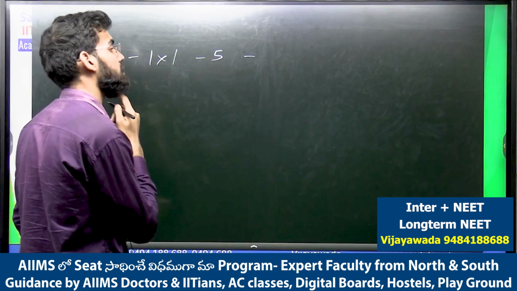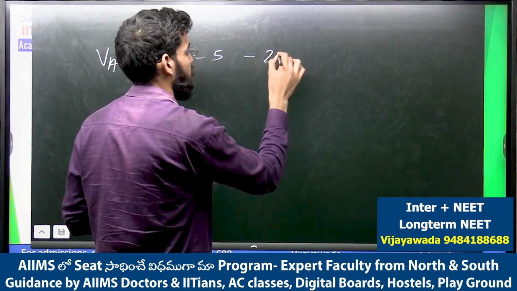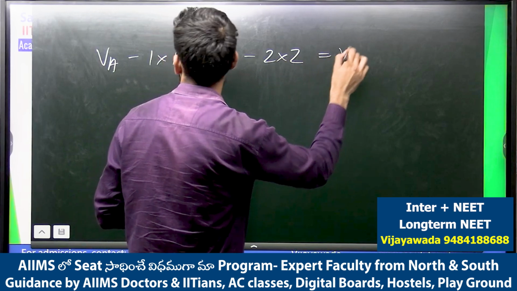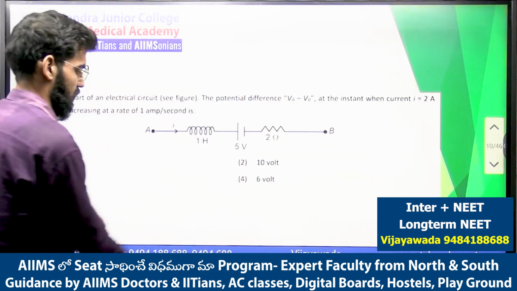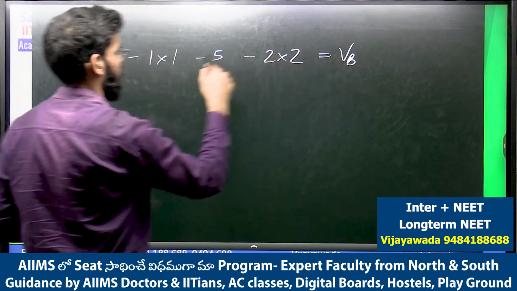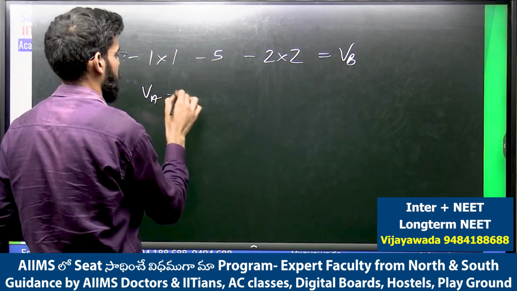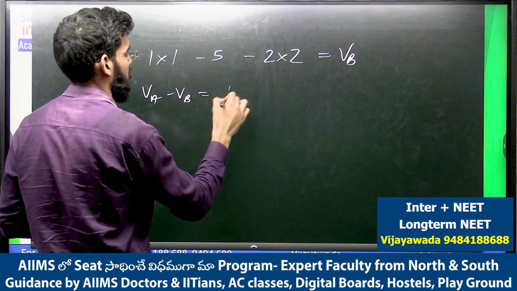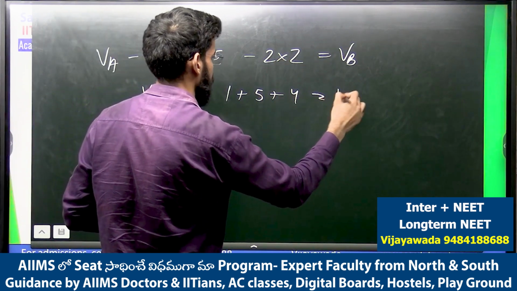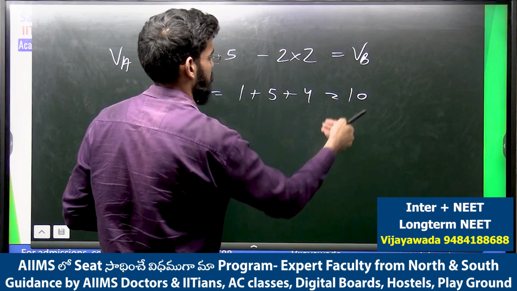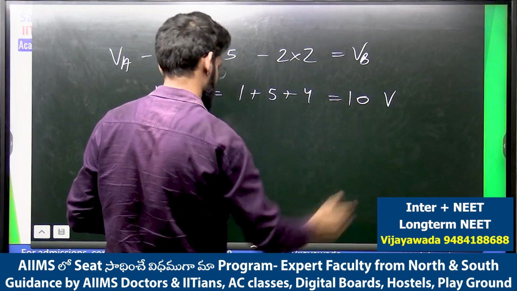And for the resistance, you write IR, where I is 2 and R is also 2. And this gives me VB. What you want is VA minus VB. So you bring VB to this side, and all these terms that side. So VA minus VB is 1 plus 5 plus 4, so 10. The answer is 10 volt.